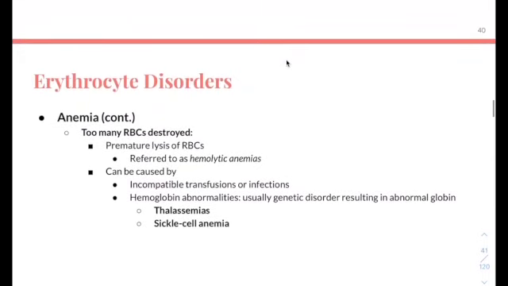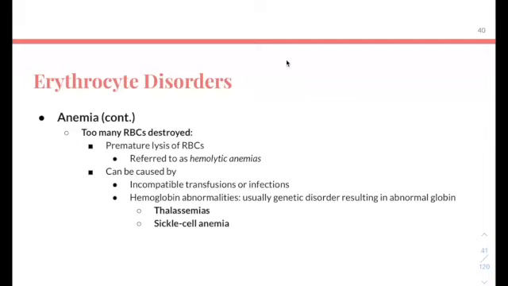We also have where we said there's too many red blood cells being destroyed. And if there's too many red blood cells being destroyed, we tend to get that premature lysis, or the destruction of those red blood cells. And that's known as hemolytic anemia.